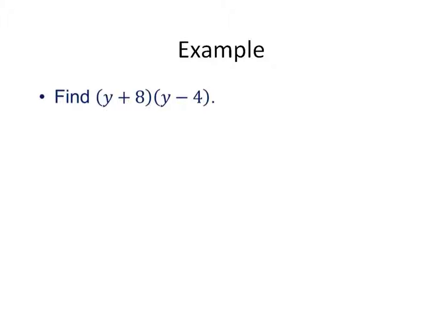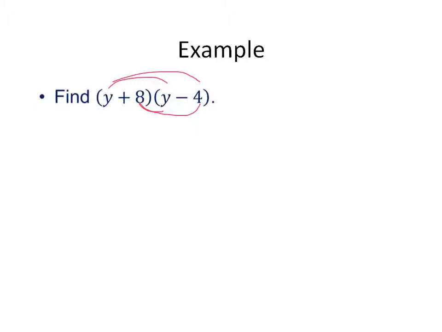So here's our first example. We're going to take y plus 8 and multiply it by y minus 4. Really, you're multiplying the whole binomial times y and the whole binomial times negative 4. So we take the y times both of those and then the 8 times both of those.